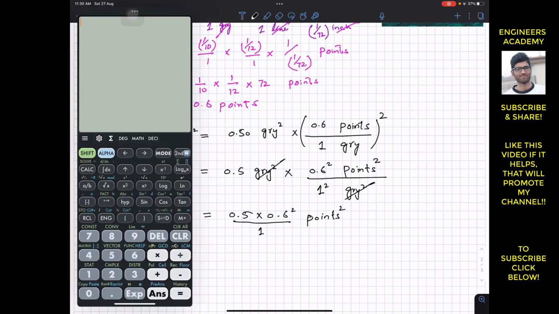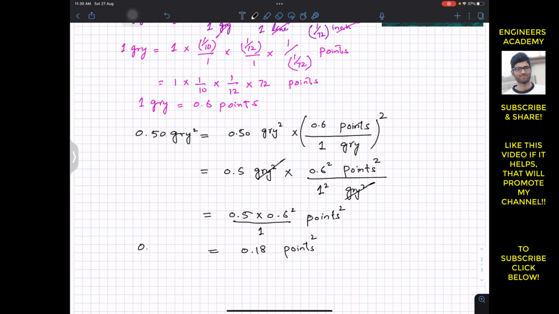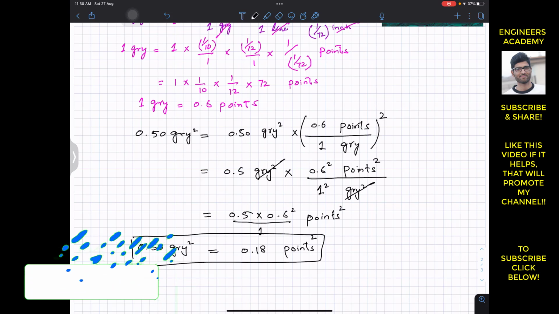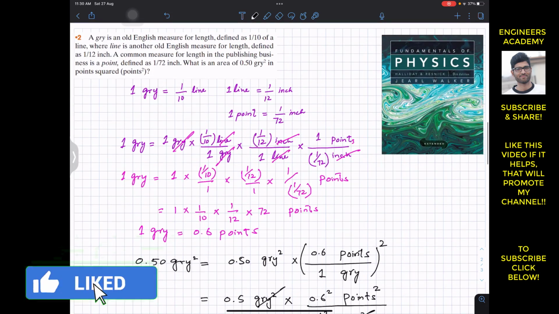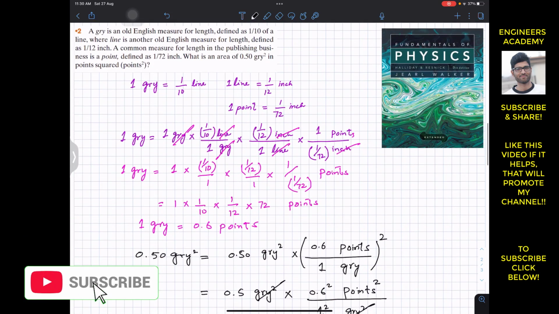So this is 0.5 multiplied by 0.6 squared. This gives us 0.18 points squared. So this means that 0.50 gray squared is equal to 0.18 points squared. So this is the solution of this simple problem from chapter 1.